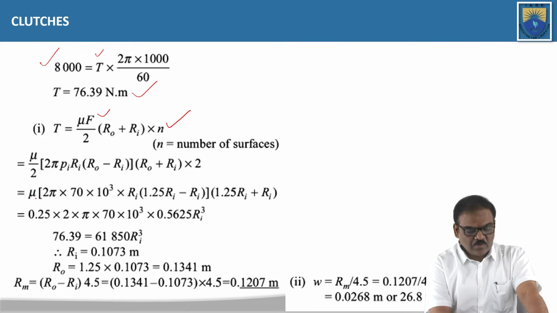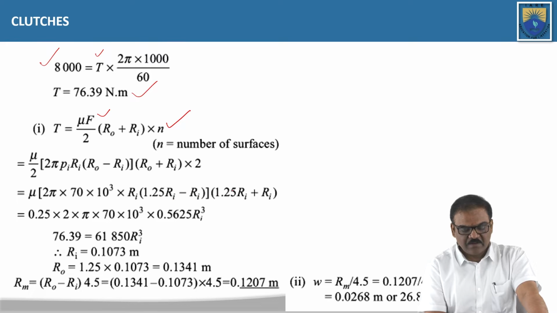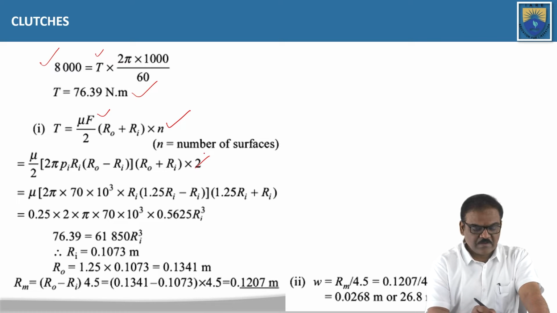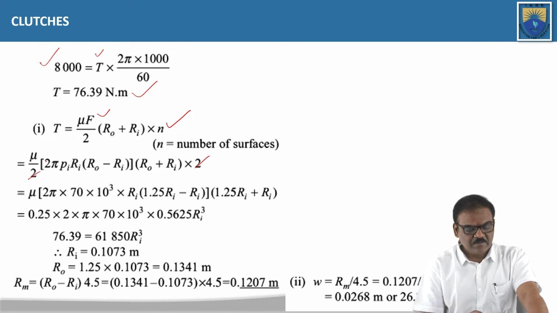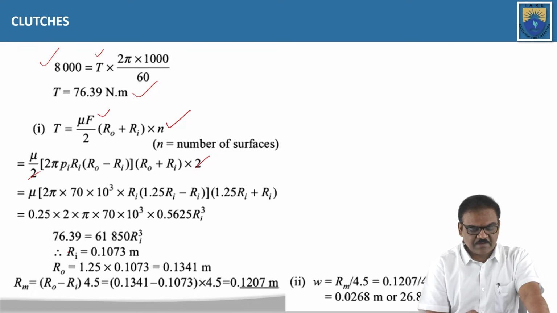Therefore, mu into 2 pi into 70 into 10 cube, Ri into (1.25 Ri minus Ri) into (1.25 Ri plus Ri), where the 2 and 2 get cancelled. Okay, therefore, we have an equation between these two.